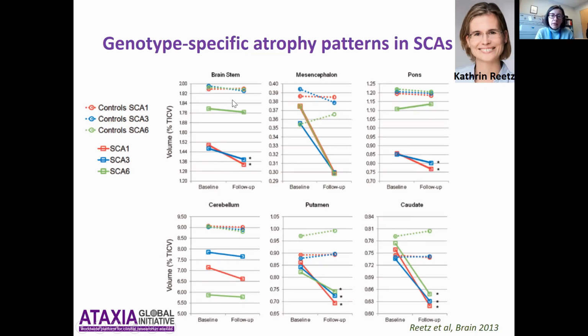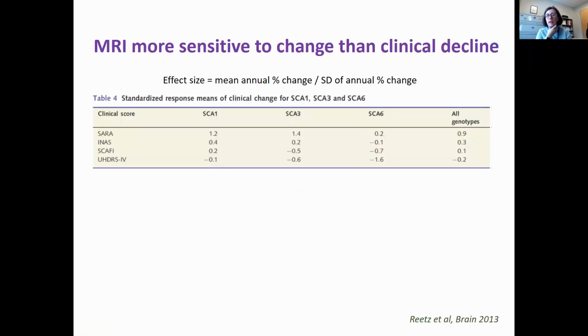The dotted lines here are the SCA-specific control groups. And longitudinally, perhaps surprisingly, you see that the volume loss may be present even in non-cerebellar and non-brainstem regions, like the putamen and caudate data show. So there is a very disease-specific atrophic pattern that you have access to.